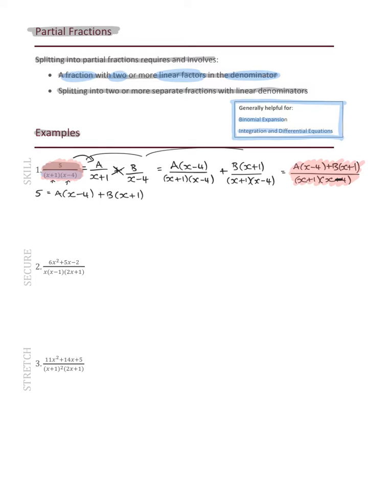Okay. Now what I need to do is I need to deal with these each one at a time. So the first thing I'm going to do is I'm going to say let x equal 4. And the reason I picked 4 is because it is going to make this bracket equal to 0. So what I have is I have 5 equals a 4 minus 4 plus b 4 plus 1.